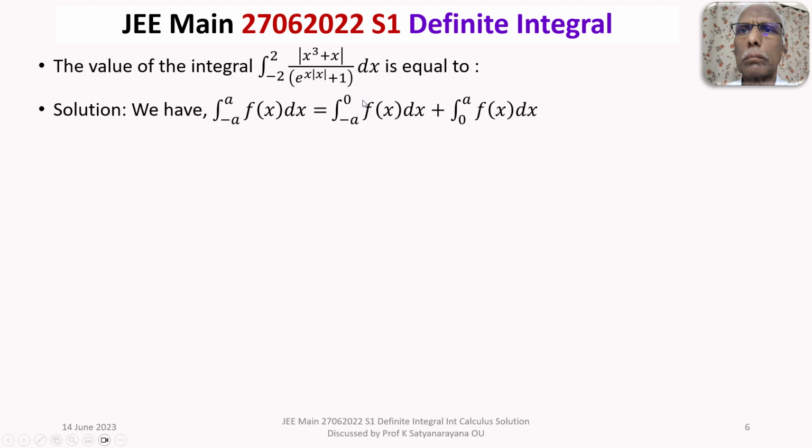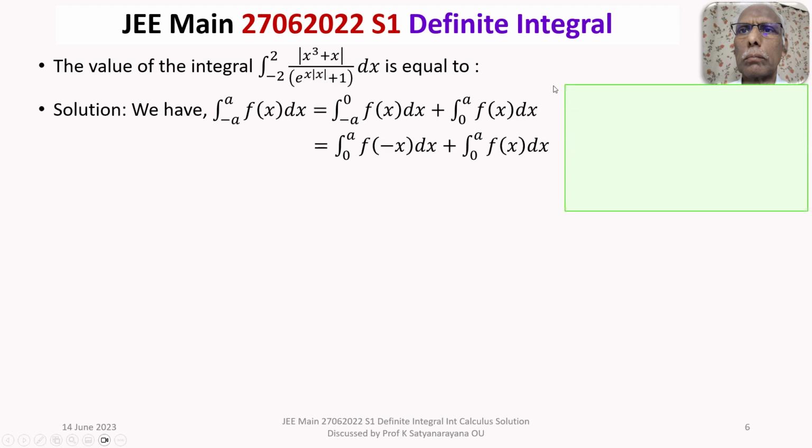And this first integral can be written as integral 0 to a f of minus x dx, it is same as the above one, plus the second one as it is, that is integral 0 to a f of x dx. How this one is same as the above one, I will show you in the snippet.